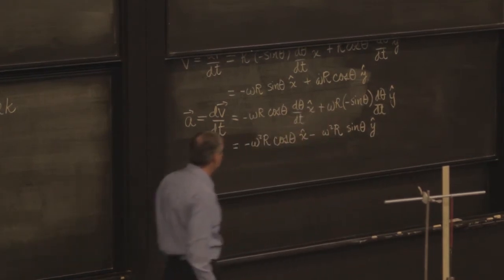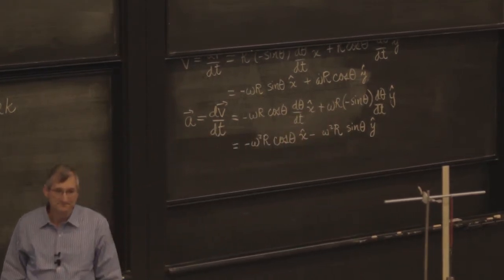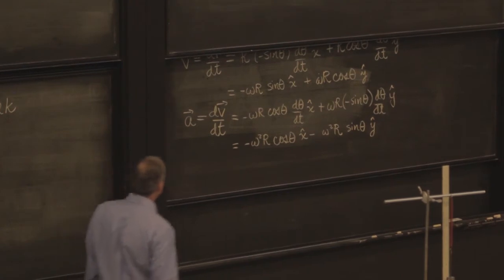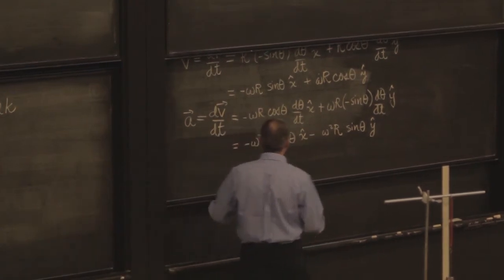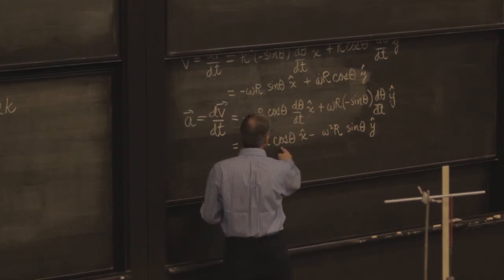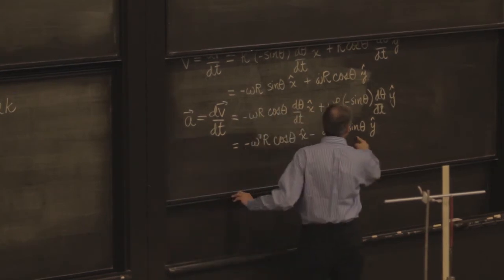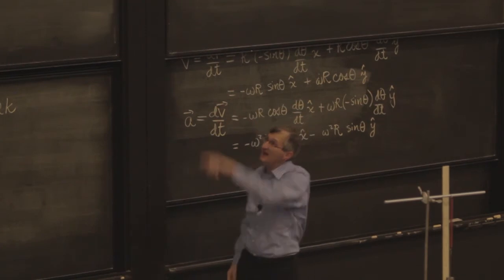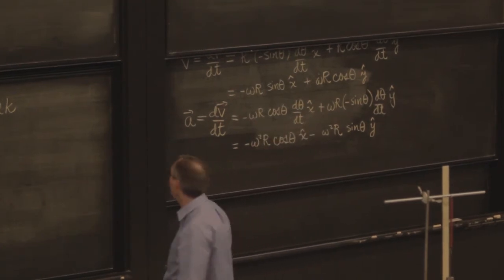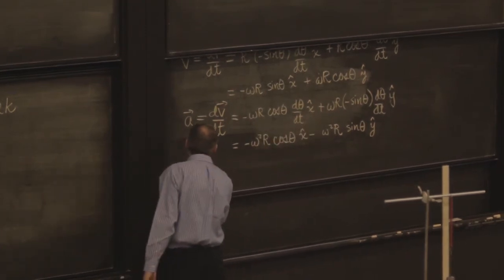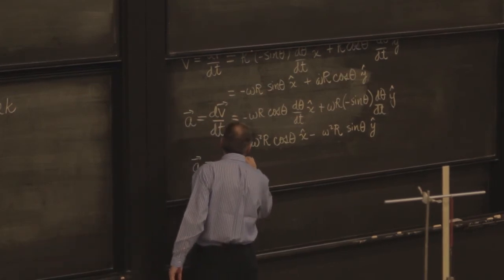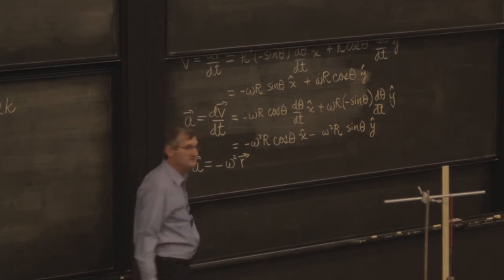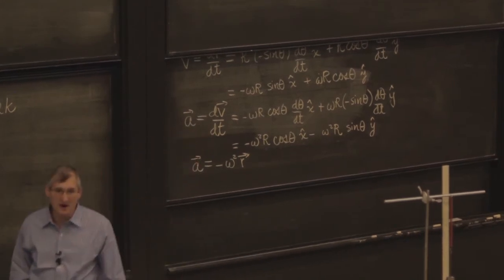This should annoy you because it's supposed to look a lot like r. I have r cosine theta in the x, r sine theta in the y. That is just r, so I can write the acceleration as minus omega squared times the position vector itself, r.